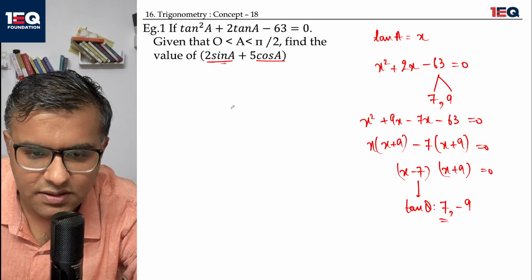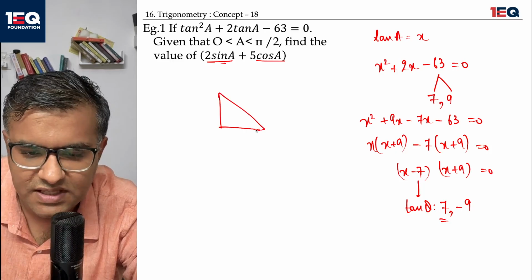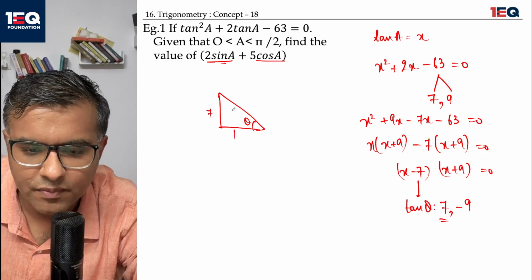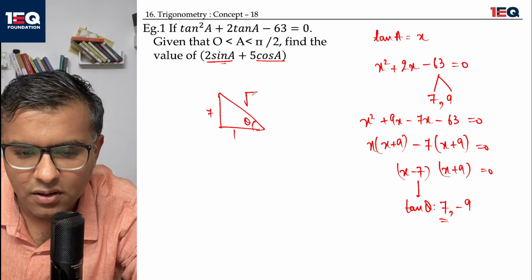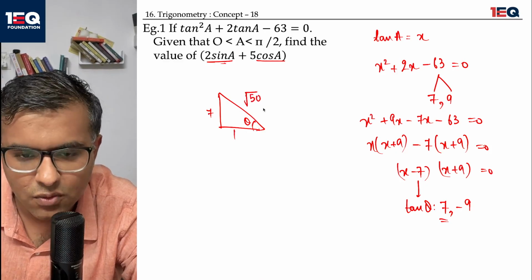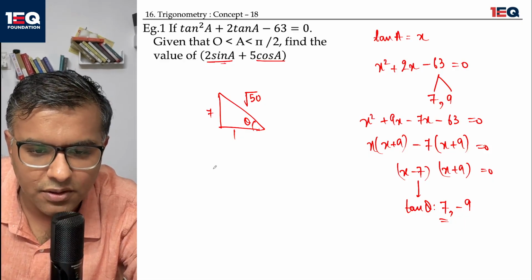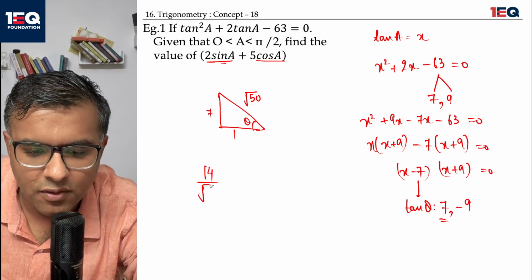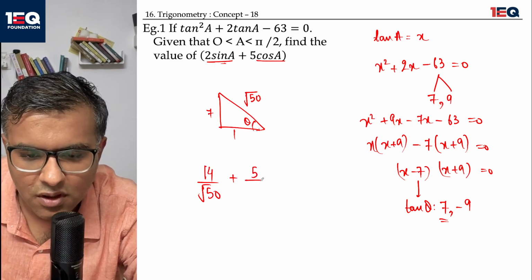If tan theta is equal to 7, this is theta, it means it is 7 over 1. This is 49, this is 1, and this is going to be root 50. So the question is 2 sine A plus 5 cos A. Sine is opposite upon hypotenuse, so 2 sine A means 14 over root 50, plus 5 cos A, adjacent upon hypotenuse, 5 over root 50.